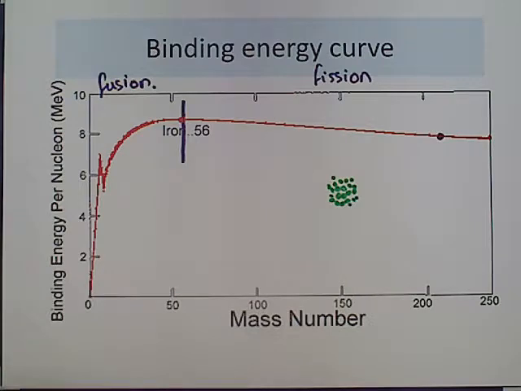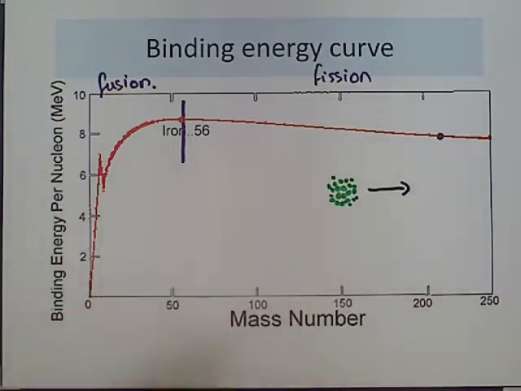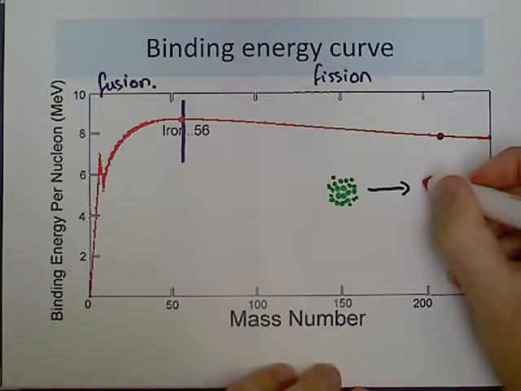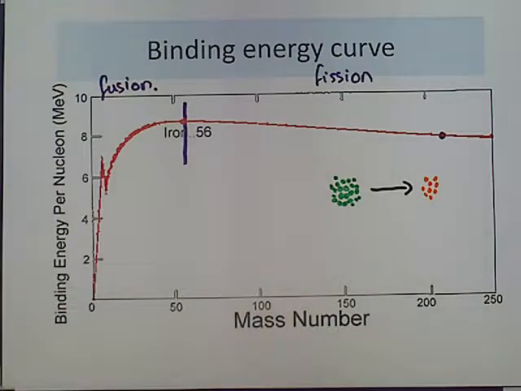So there's my very large nucleus, and it's going to break up by a fission. It's going to split in two, so we're going to get two smaller nuclei produced.